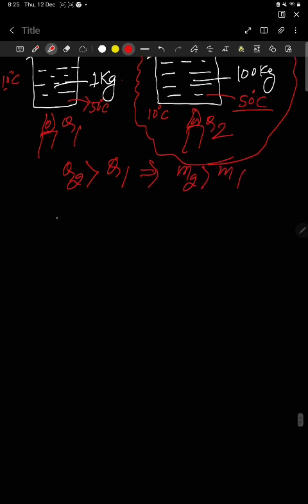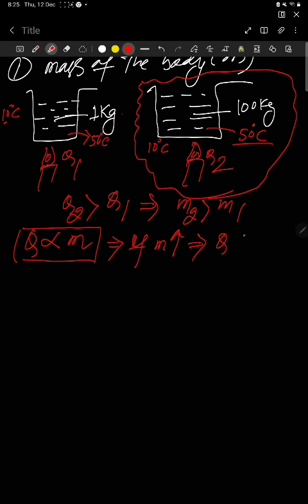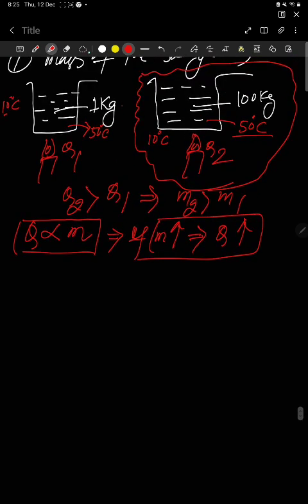So through this we can say that the amount of heat supplied on a body is directly proportional to its mass. If mass increases, then the amount of heat energy supplied to the object is also going to increase. So this one is the first factor.